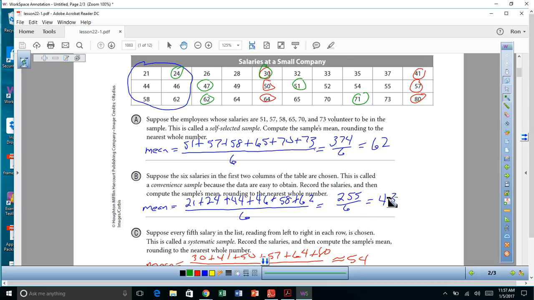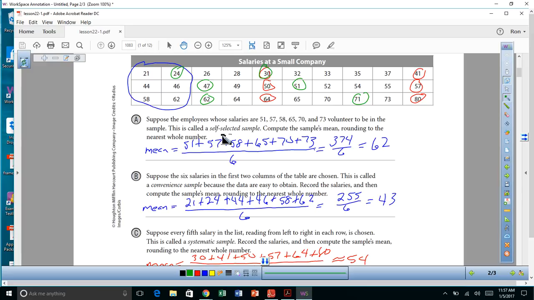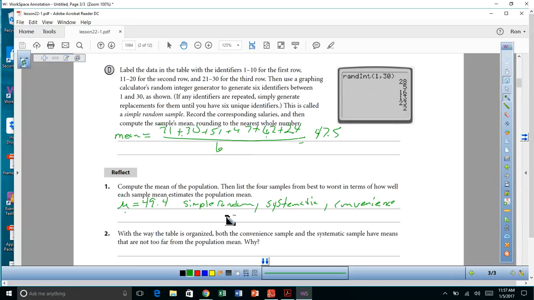So that's 6 away, and that's 5 away. So this right here was systematic sample, and then convenience. And then the last one was self-selected.